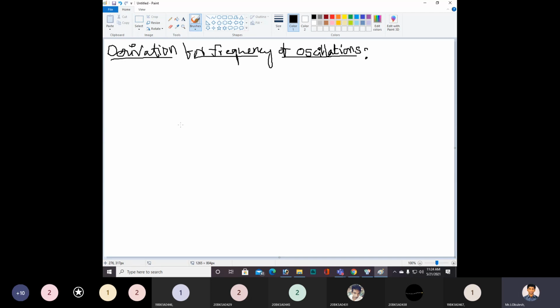The transfer function of the RC feedback network. First, we need to take the RC feedback network from the circuit.